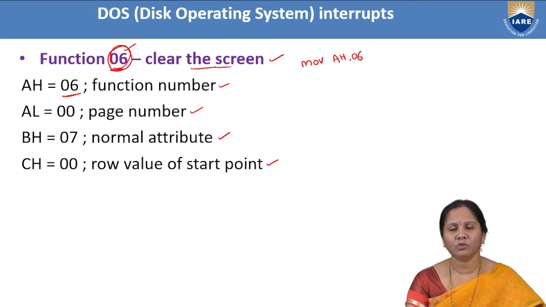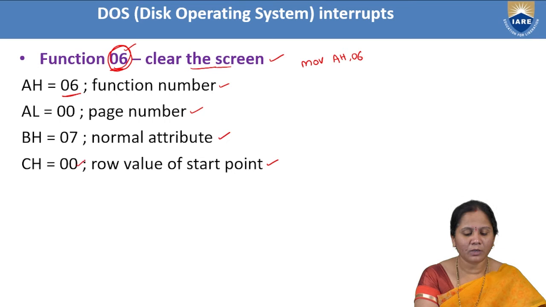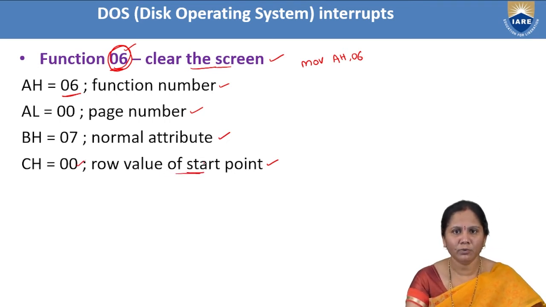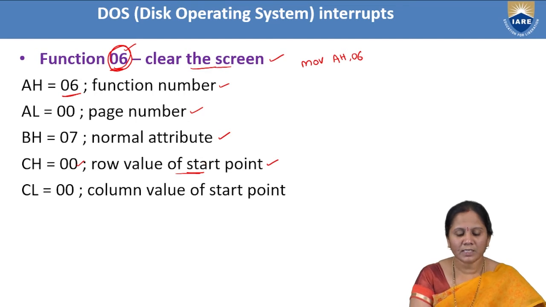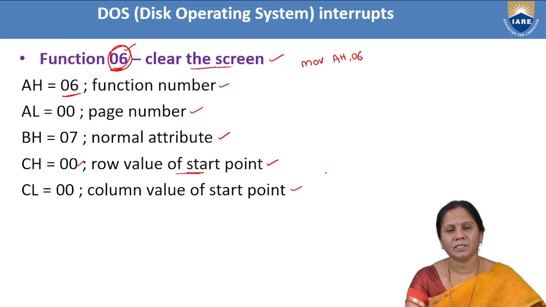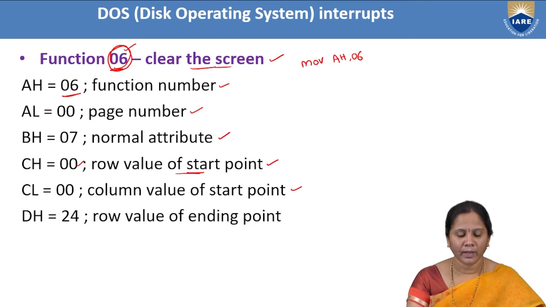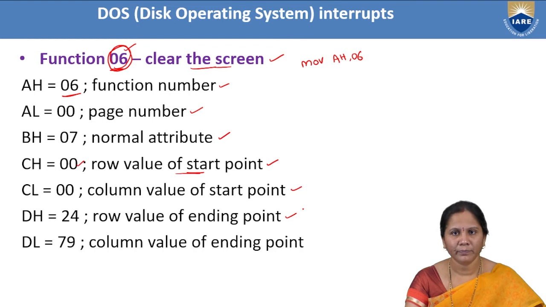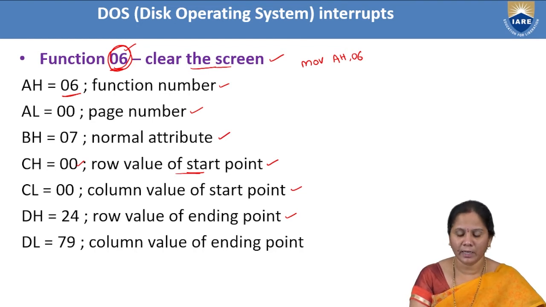CH is 00, the starting row value. CL is 00, the starting column value. DH is 24, the ending row value, and DL is 79, the ending column value.